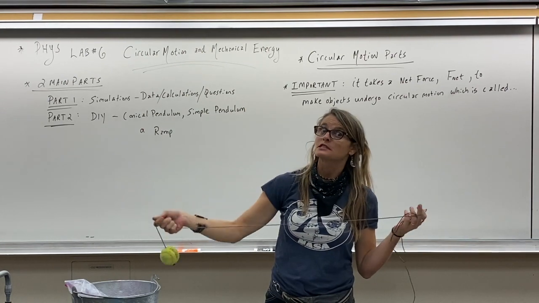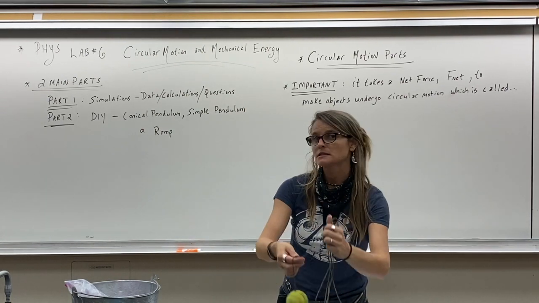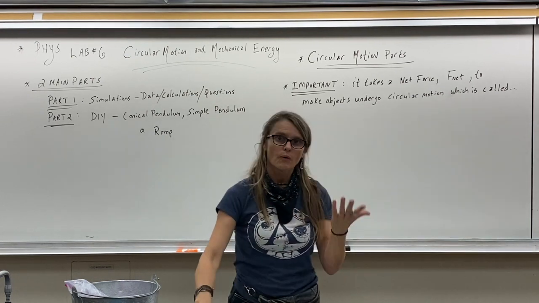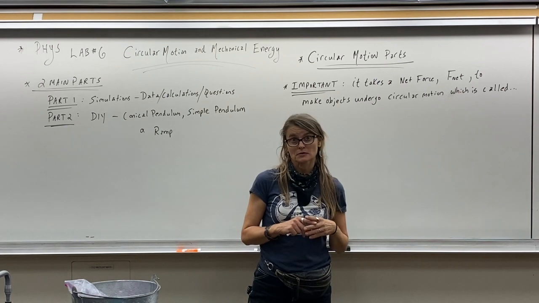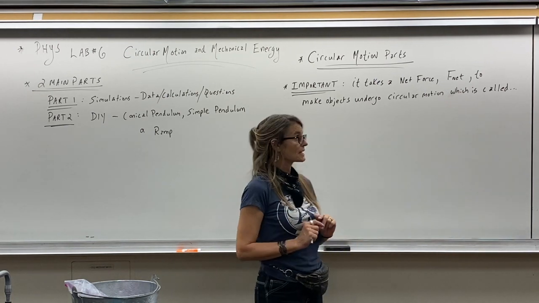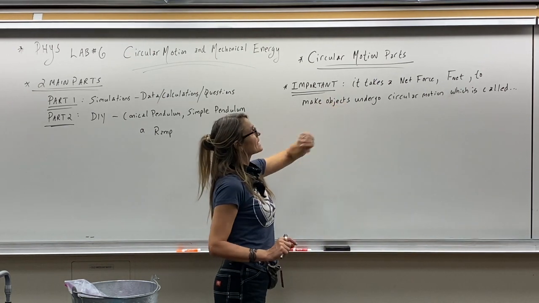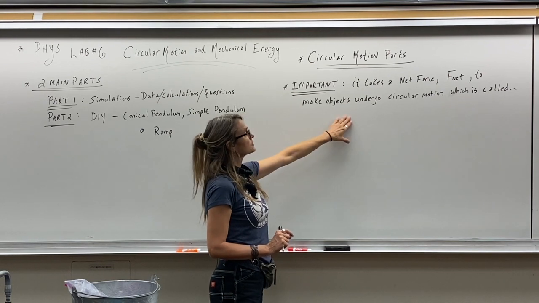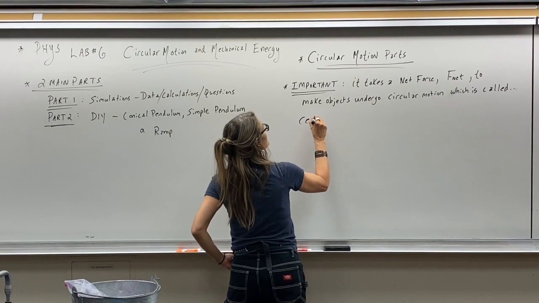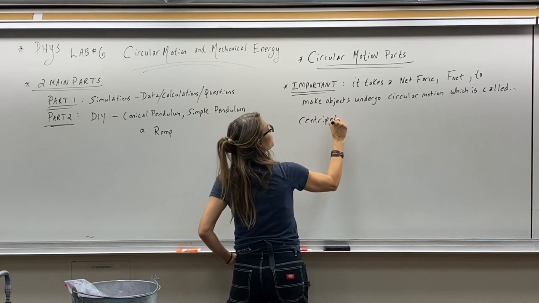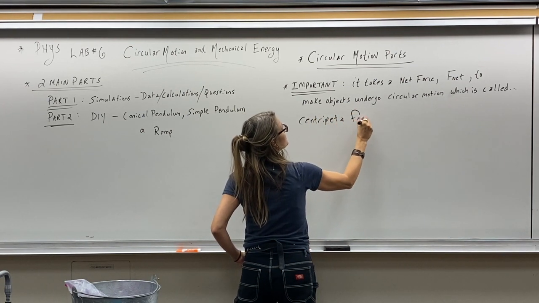Another word for centripetal force is the radial force, and another word for centripetal acceleration is the radial acceleration. So sometimes we use two different notations. Very important idea: it takes a net force to make objects undergo circular motion, which is called the centripetal force.